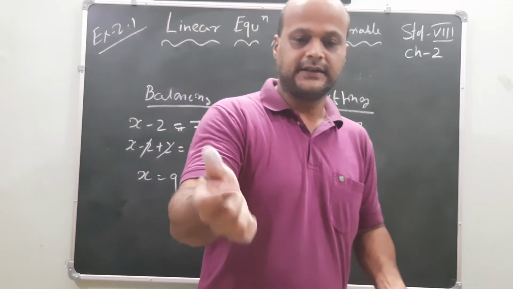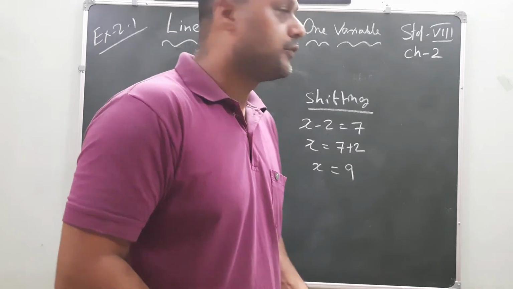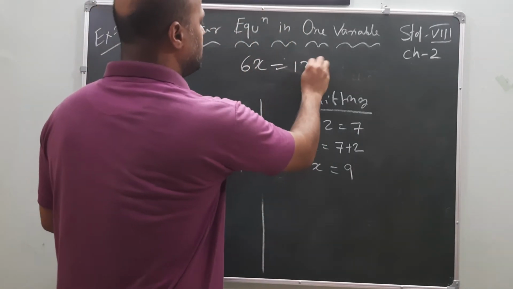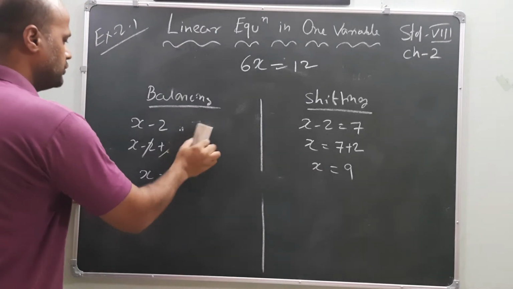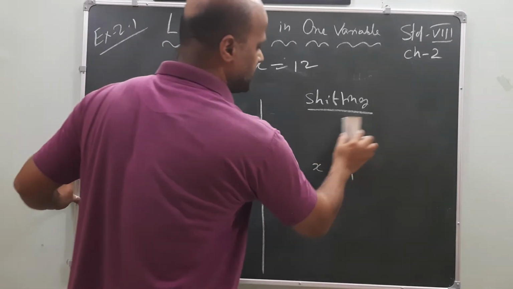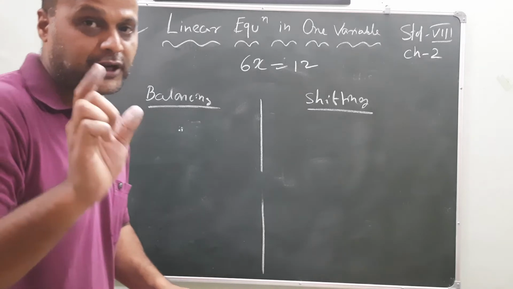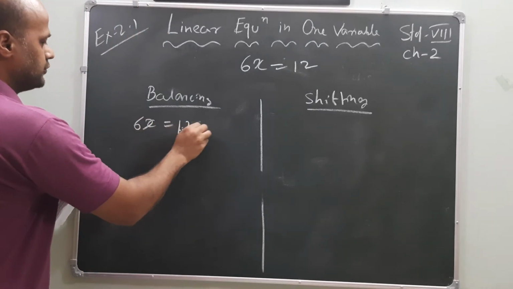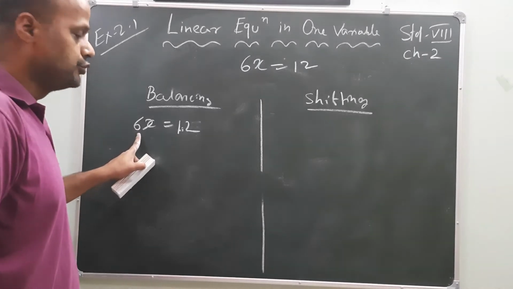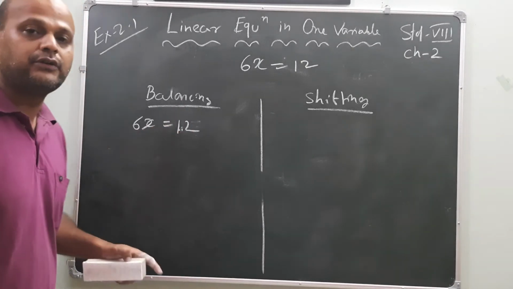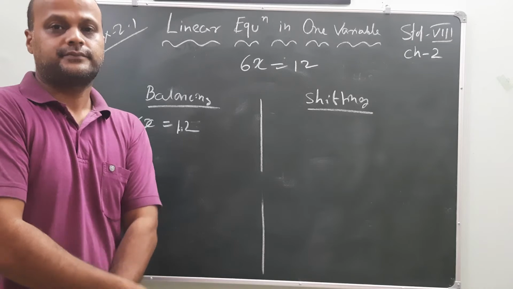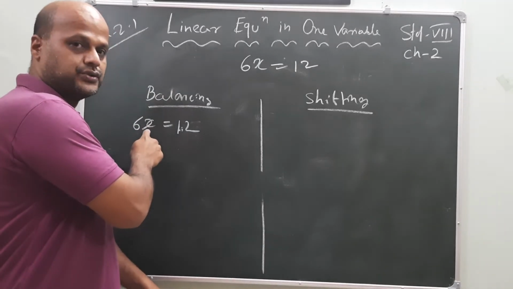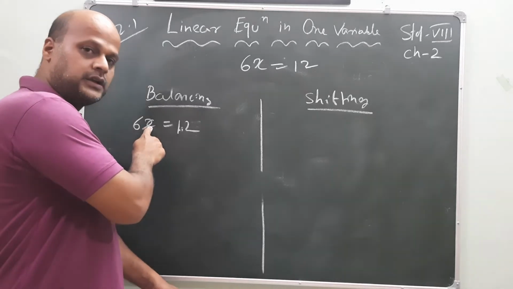Now come to another problem. Here it is given as a fraction type or a multiplication type. Take it as a multiplication type: 6x is equal to 12. Let's do it by both the cases. Now, my dear friends, you have to tell me what I should do. In the balancing process, first see the relation between these two. 6 is multiplied with the variable.